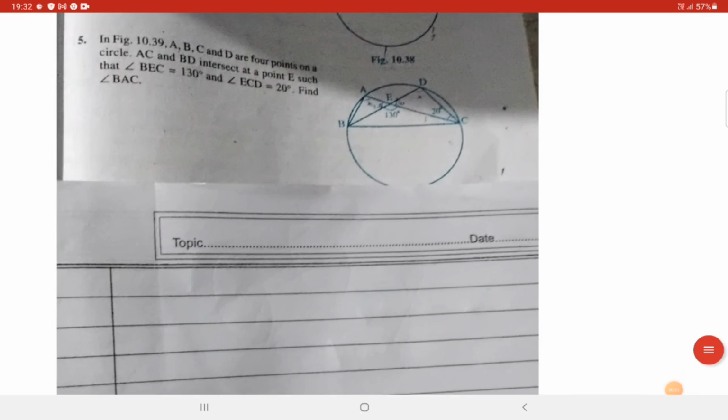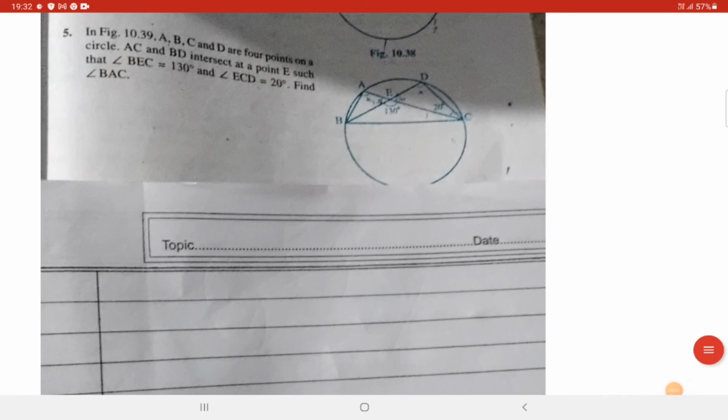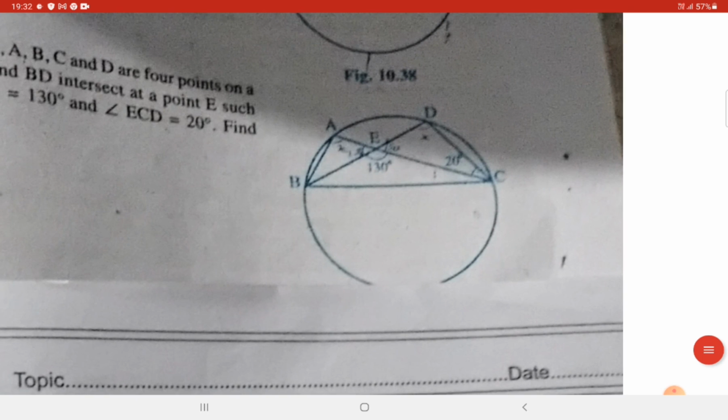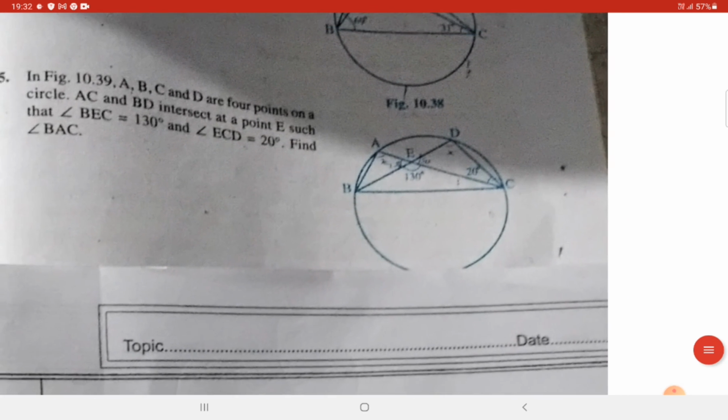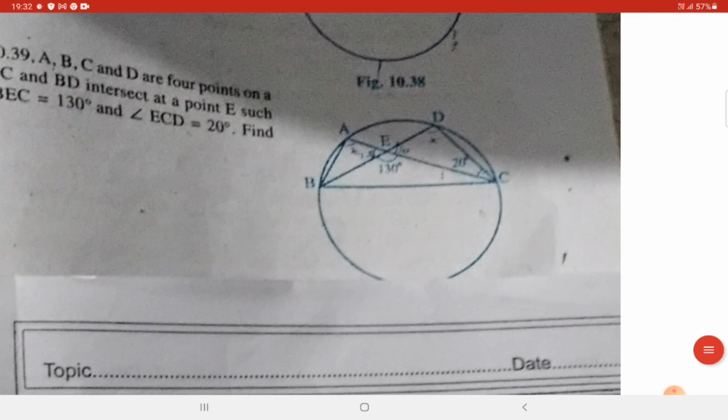Question number 5. In figure, A, B, C, D are 4 points on the circle. AC, BD intersect at point E and angle BEC is 130 degree, angle ECD is 20 degree. Find angle BAC. See, we have to find this angle. Now see, BC is a chord.